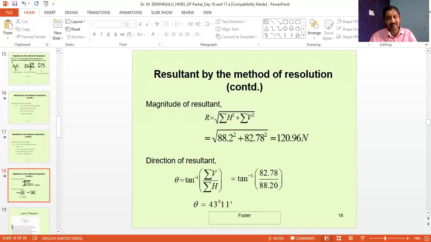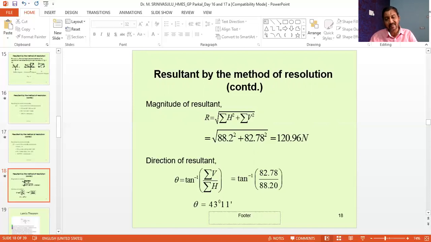And if sigma h is positive and sigma v is negative, that is cos theta is positive and sin theta is negative, that is possible only in the fourth quadrant.